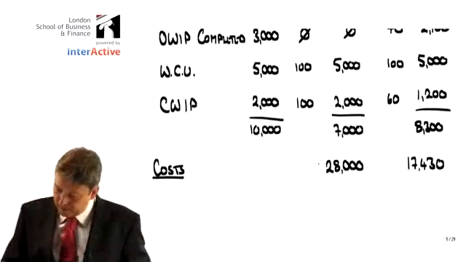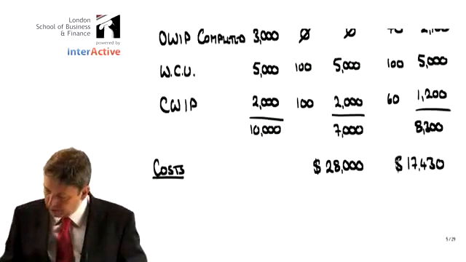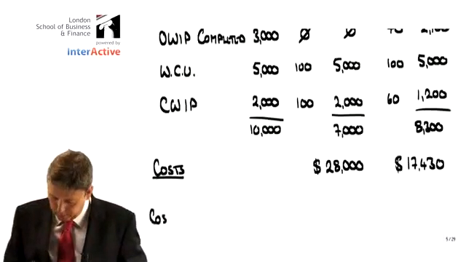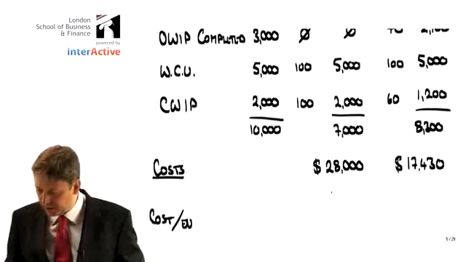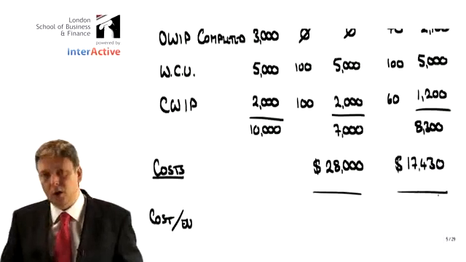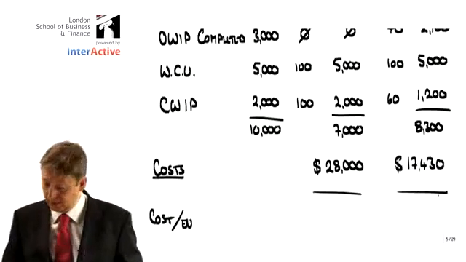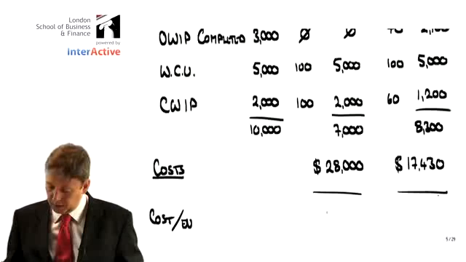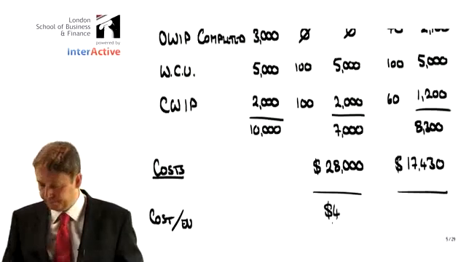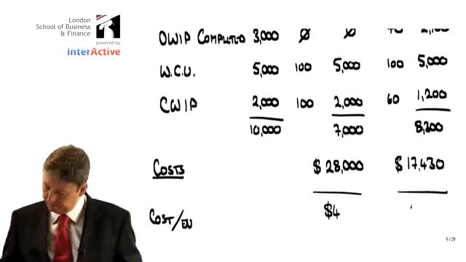Okay, if we have our costs there, we can divide the costs by the equivalent units to get the cost per equivalent unit. What have we got? Oh, that's nice. $4.